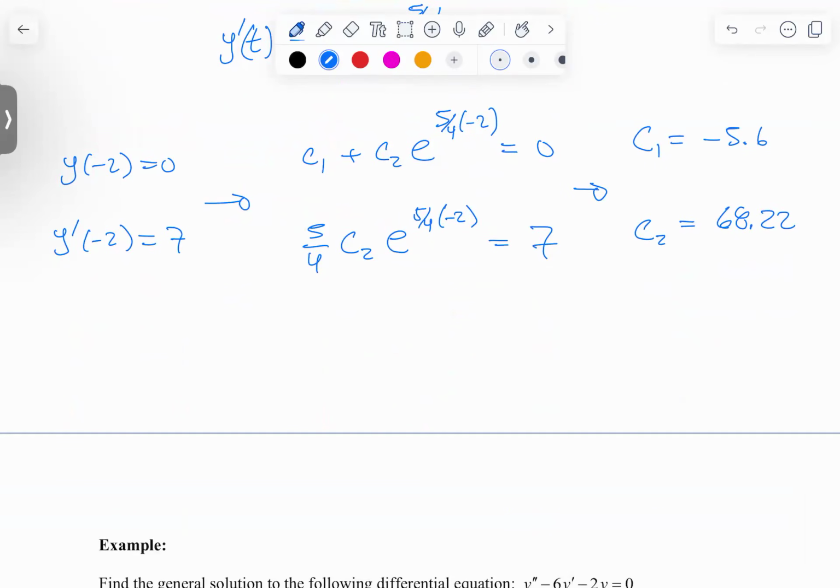Both of those ended up being rounded numbers because I got e to the negative exponents. One other thing, notice this wording; we've been doing this from the beginning.